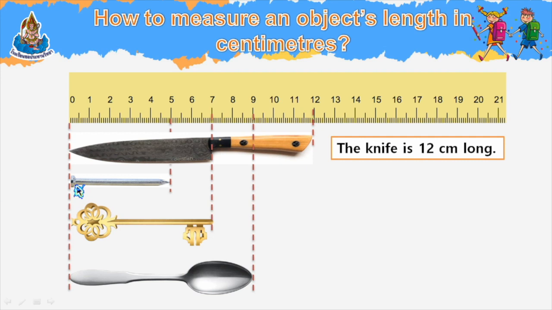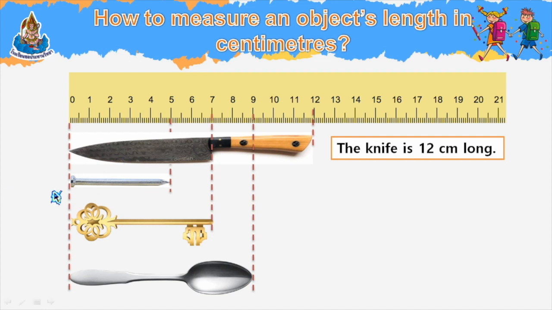How about this one? What is this? It's a nail. Same spelling as the nails on your fingers. But this one is also a nail. Same spelling, but different object.